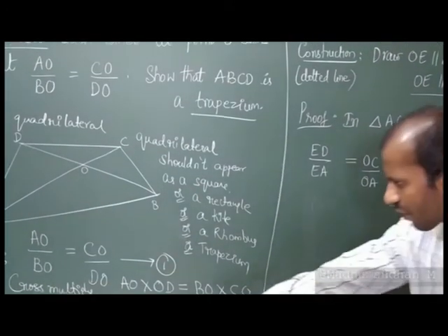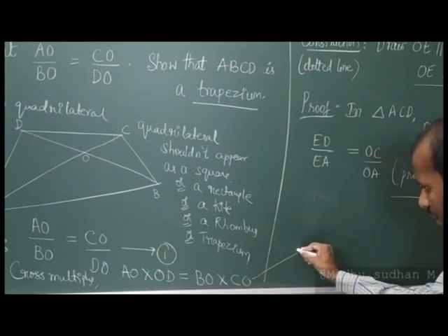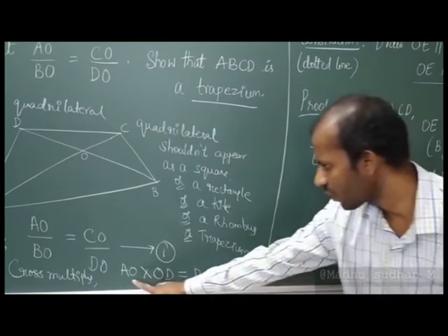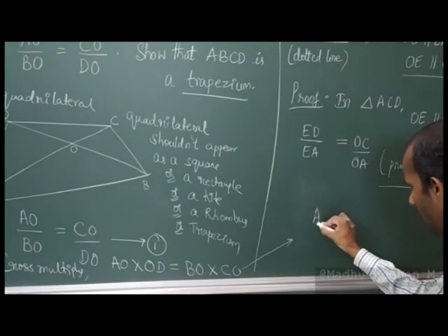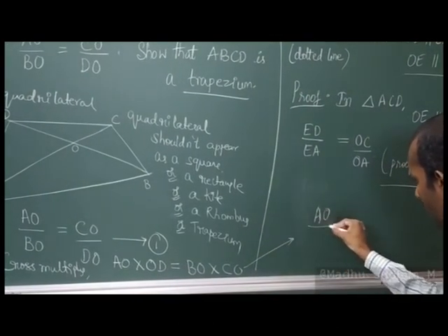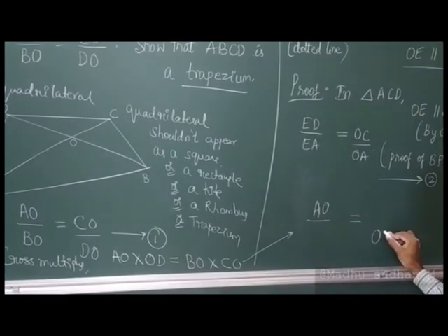So after having cross multiplied here, I have AO and OD multiplied. Can I write AO by, so here AO multiplied with OD, I'll write OD here.